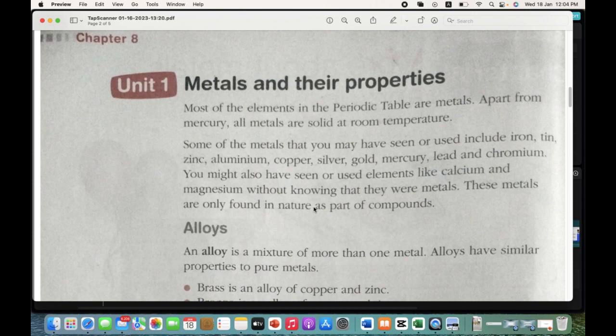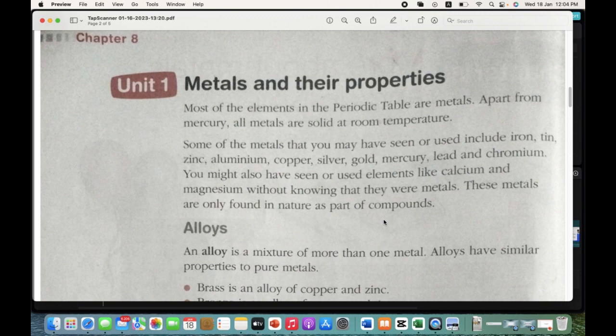After group 1 and group 2 in the periodic table, the next metals are called the transition metals. There are a lot of them, and we're going to look at them. There are still more, like calcium, the alkaline earth metals and the alkali metals, the group 1 and group 2 metals.